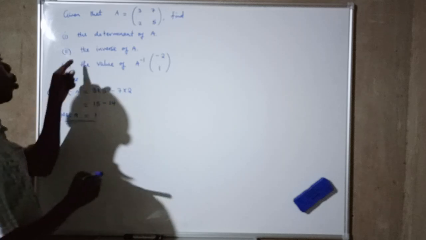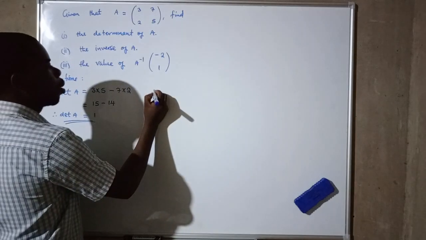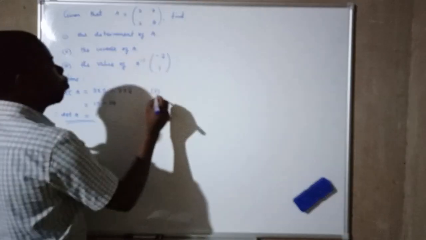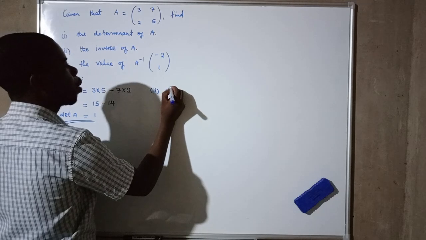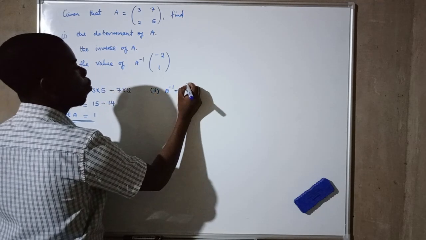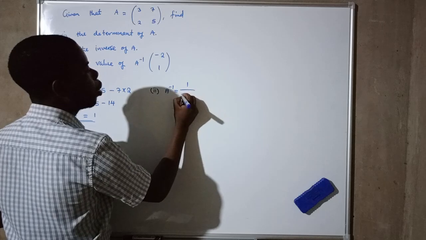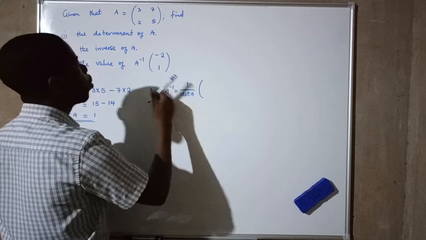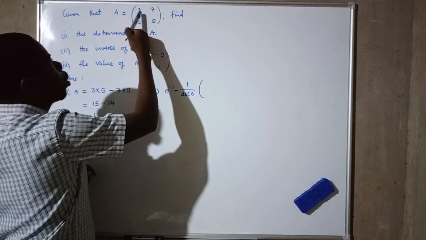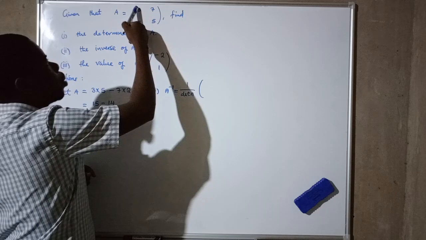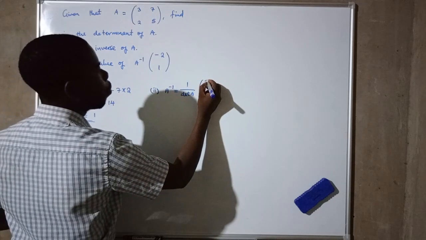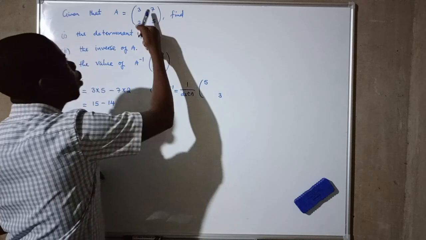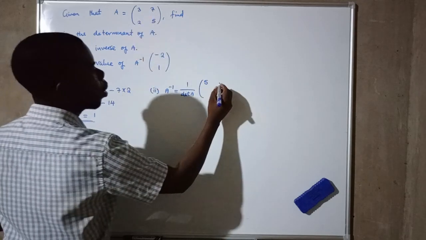Then on part 2, they're saying inverse of A. So the inverse, which is written like this, we said it should be 1 over the determinant of A, open brackets. Since A is this one, we swap, this one comes here, this one comes here, so we have 5. Then here we have 3. Then here we give negatives, so we have negative 7.